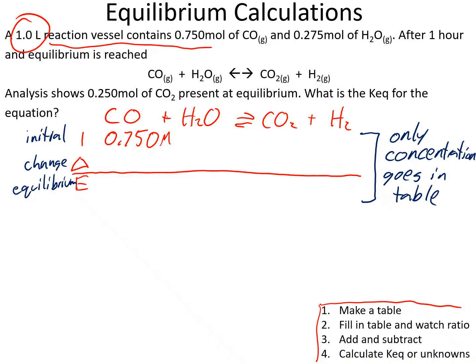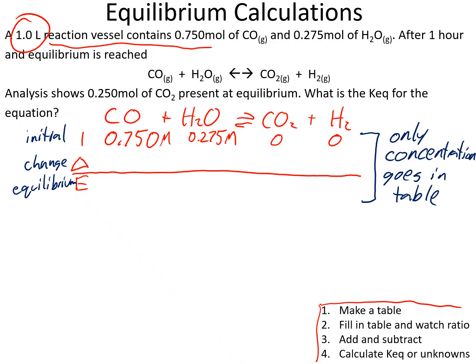And then we also have 0.275 moles of water, so 0.275 moles over liters of water. Now this implies that it has not reached equilibrium, and that also implies that there is 0 CO2 in there and that there is 0 hydrogen gas in there.